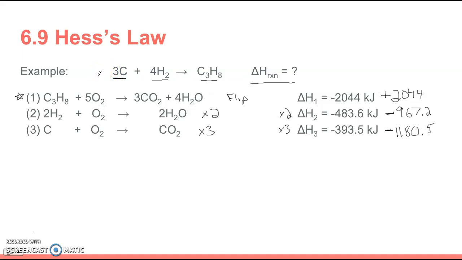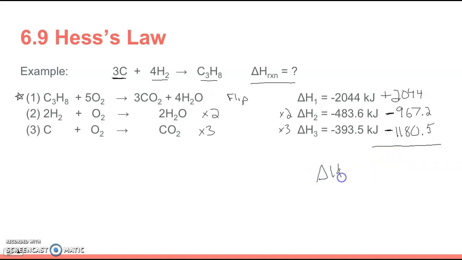You'd have the same number on each side, so they cancel out. So all you do is look for things that only show up in one spot, make those right, and everything has to work out. Then to get your final answer, the unknown delta H, you take the manipulated delta H's and add them all together, and that's your answer.